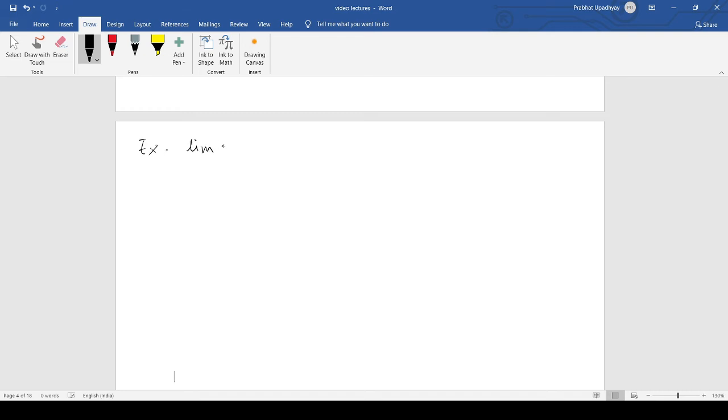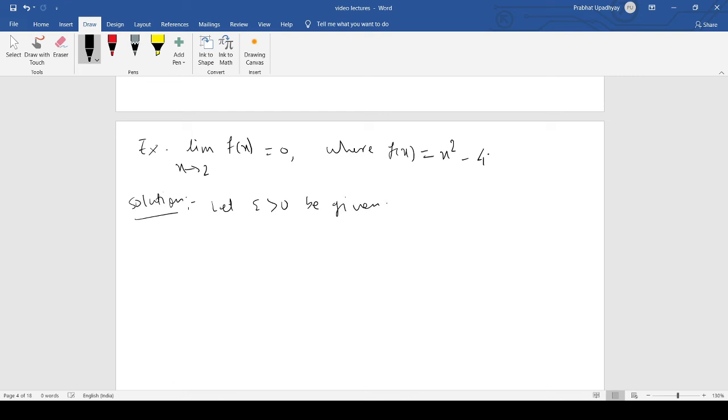Say we are asked to show that limit of f of x as x tends to 2 is 0, where our f of x is simply x square minus 4. So again we will start in the same way. Let epsilon greater than 0 be given. That means it is any arbitrary positive real number.